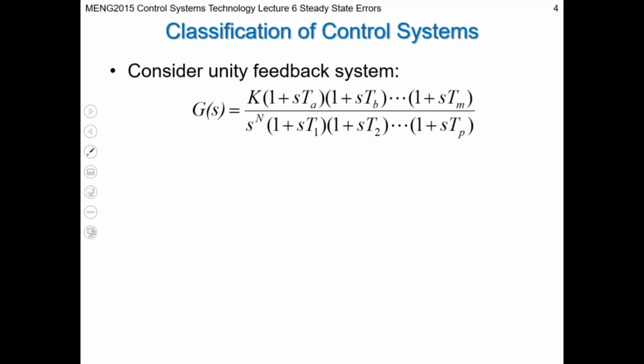So this is a transfer function for a unity feedback system. I made it very generic.